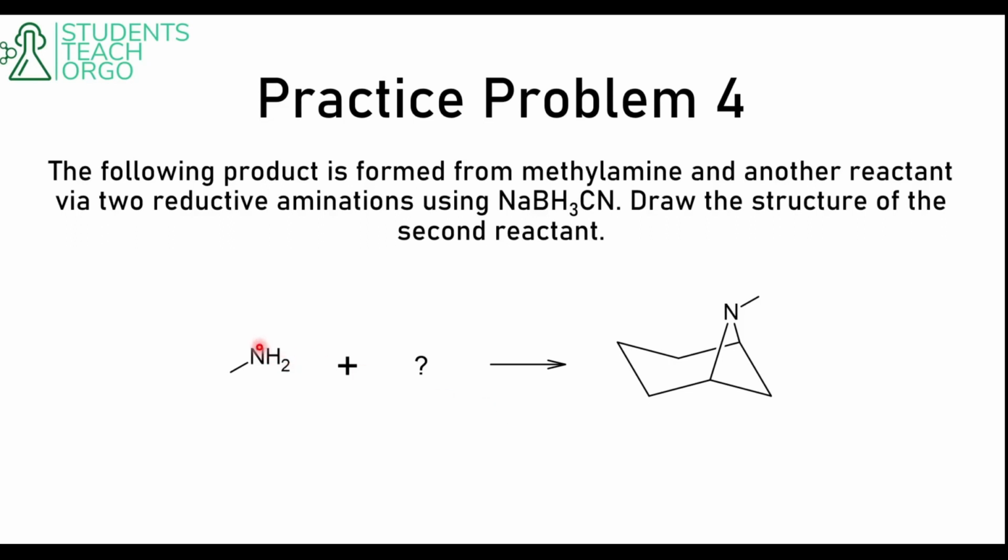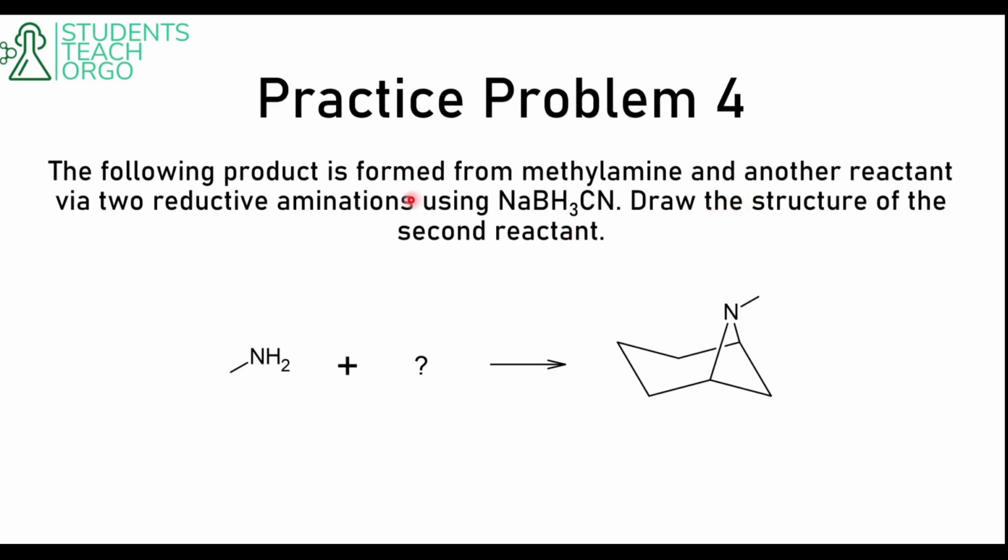We know that this methylamine is one of the reactants, and looking at our product, we can kind of see the remnants of the methylamine right here, just this part, which means that these other 2 bonds that the nitrogen has, so this bond right here and this bond right here, those have had to be facilitated by some kind of ketone group, right? Thinking about the iminium ion pathway of making amines, the nitrogen takes the place of the carbonyl oxygen, and so that's exactly what it's doing here, right?